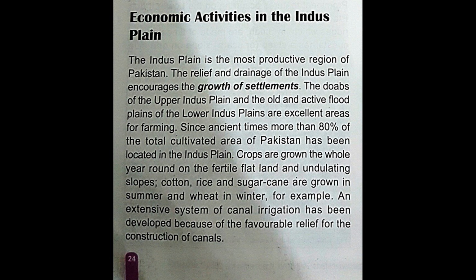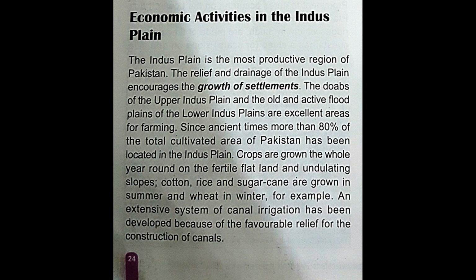Crops are grown the whole year round on the fertile flat land and undulating slopes. Cotton, rice, and sugar cane are grown in summer and wheat in winter, for example. So, students, for the whole year, we can find a different variety of crops here.